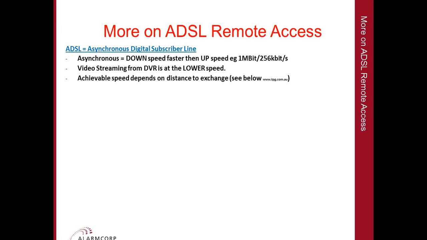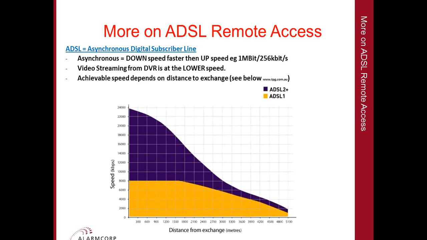And finally, the achievable speed depends on the distance of your site to the telephone exchange. Now, if you look at this curve, this is provided from one of the ISPs. At very close distances to the telephone exchange, at ADSL2 we can have over 20,000 kilobits per second.